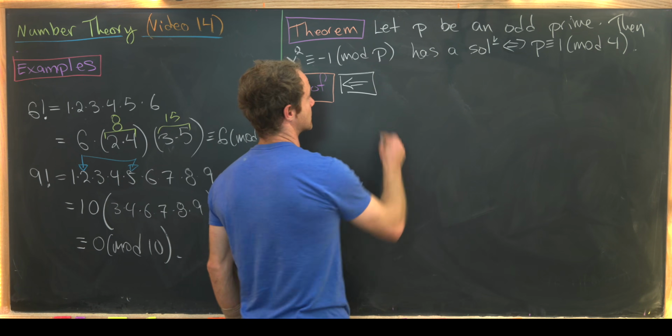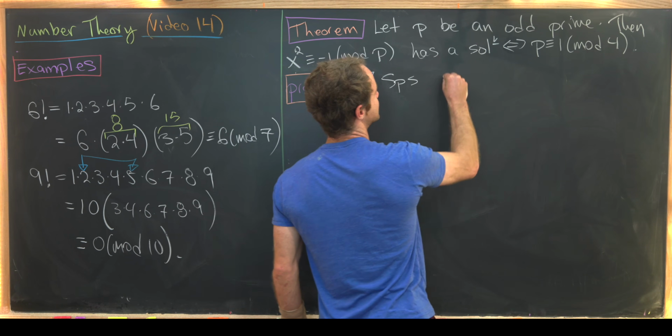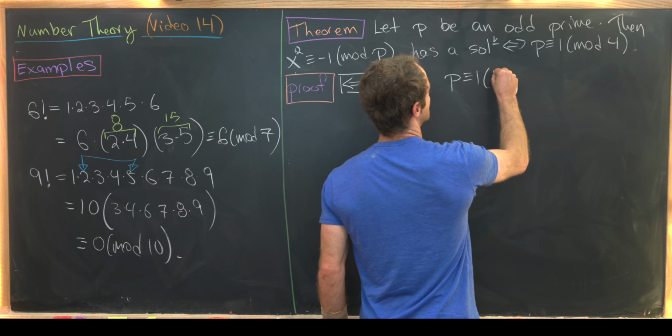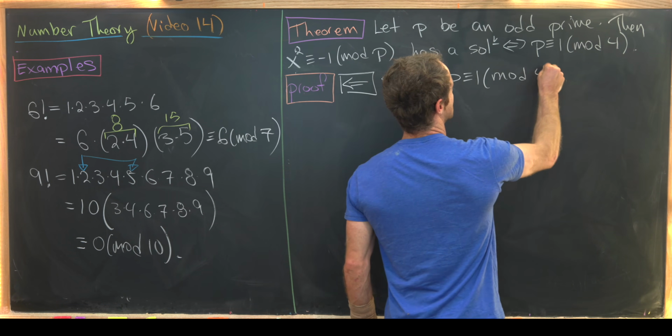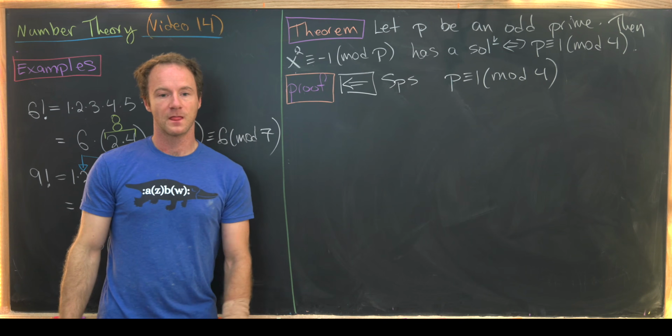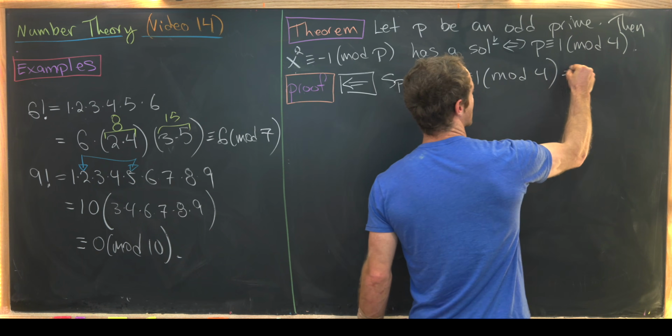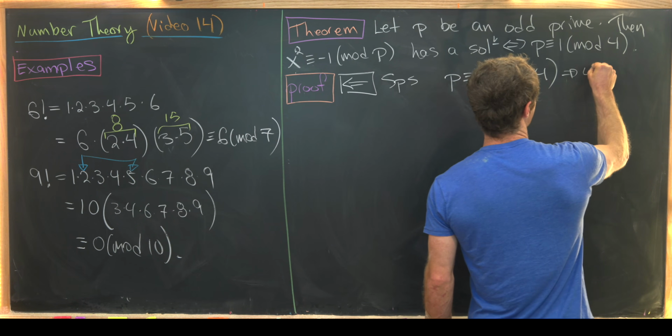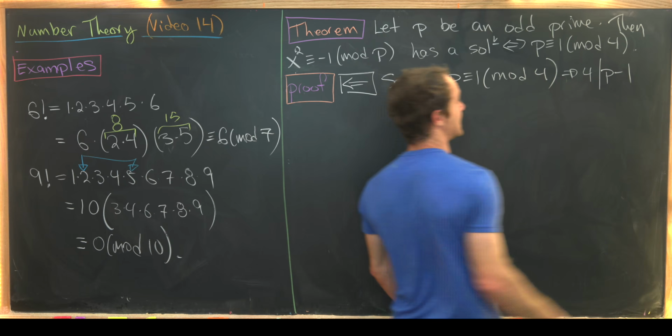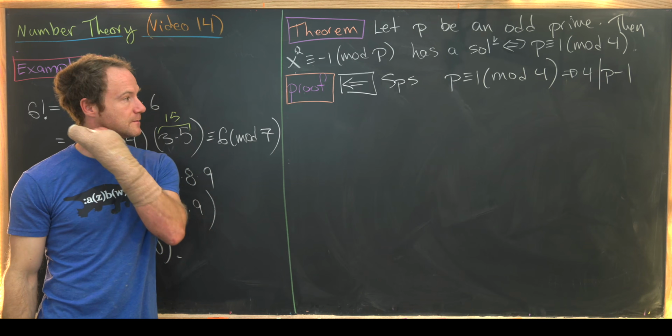In other words, we want to suppose that p is congruent to 1 modulo 4. Okay, well, what does that mean? By the definition of congruence mod 4, that means that 4 divides p minus 1.